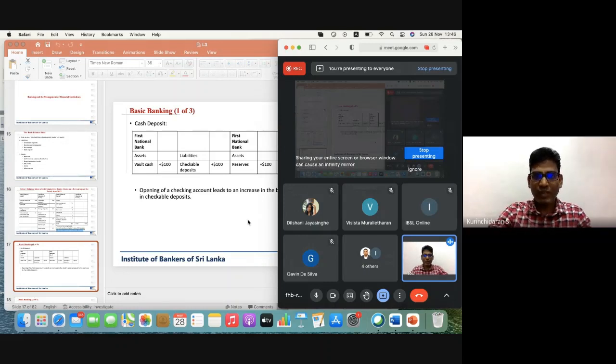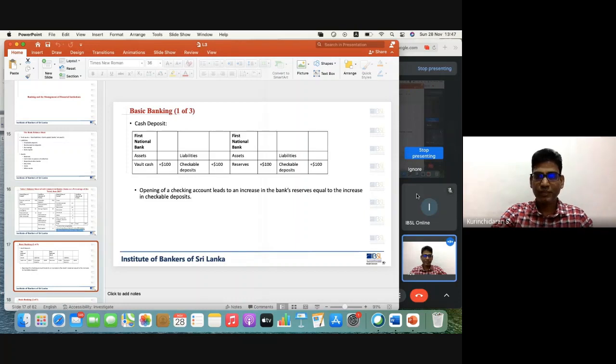Okay, so now if anyone can tell me, if a customer is doing a cash deposit, what would be the changes in the assets and liabilities of a bank? Come on.